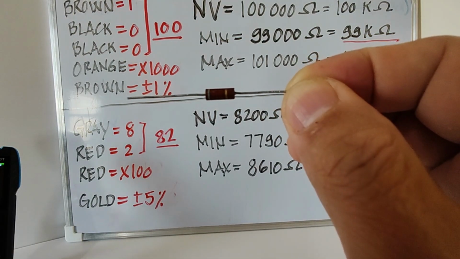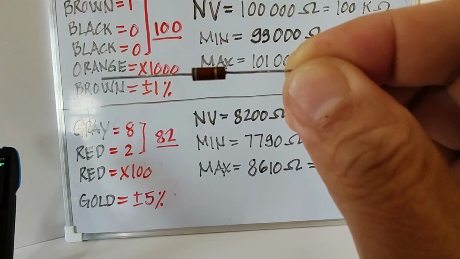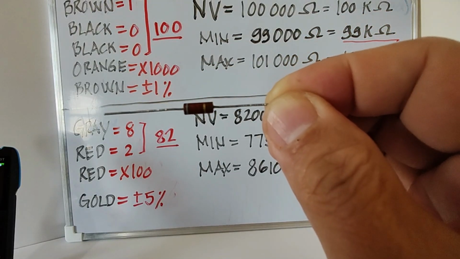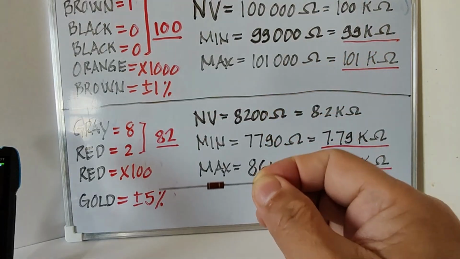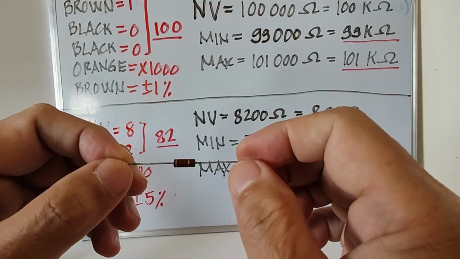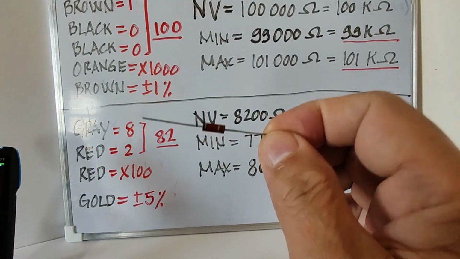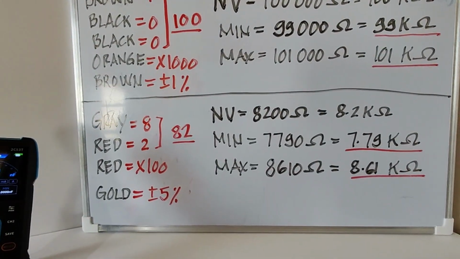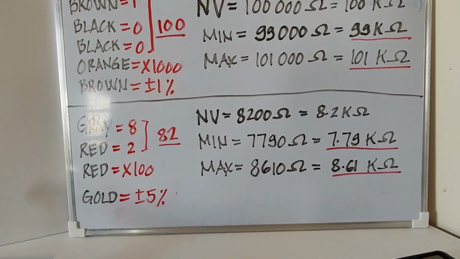And the last color, the fourth band, is gold. I don't know if you can see that. Now, given those colors, we can determine the nominal value and the tolerance of this resistor. That is shown on the whiteboard here.